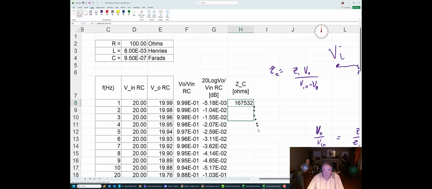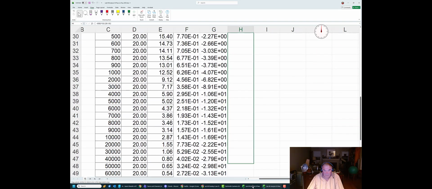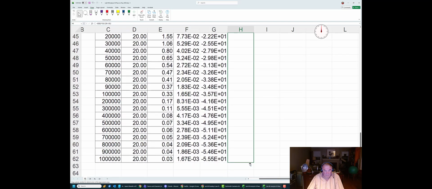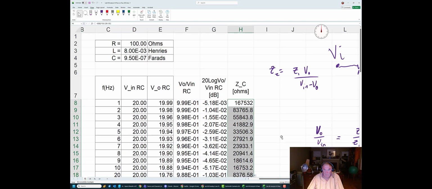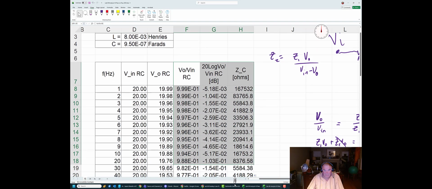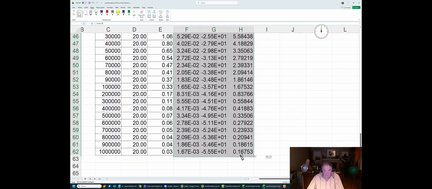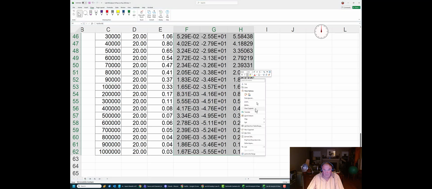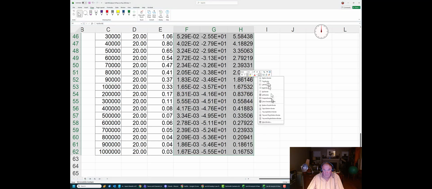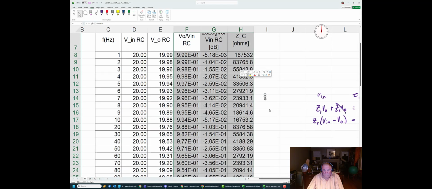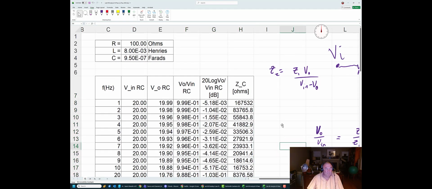Okay, so then we can do that. And let's see, we'll box it in. And right mouse click, all borders. Okay. So now we want to graph something.